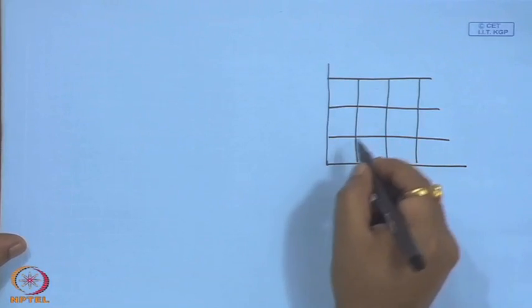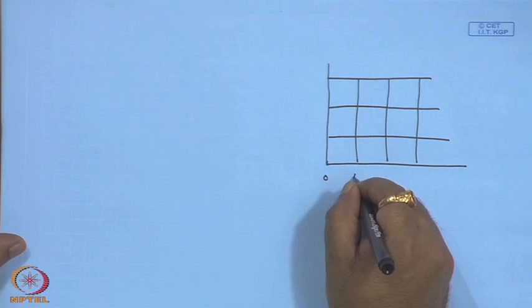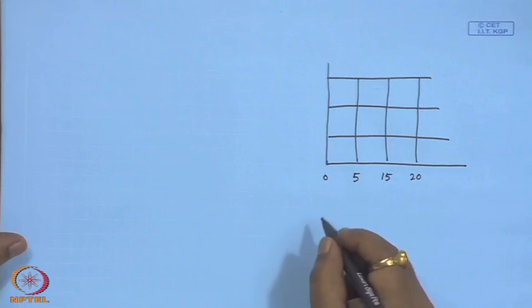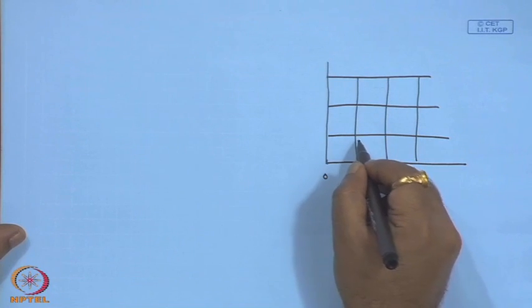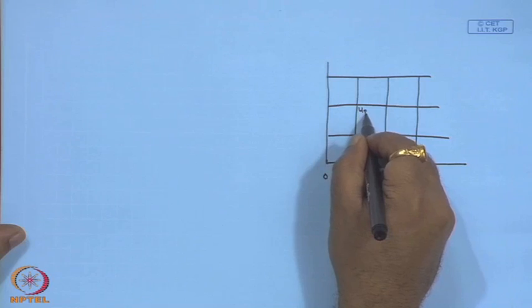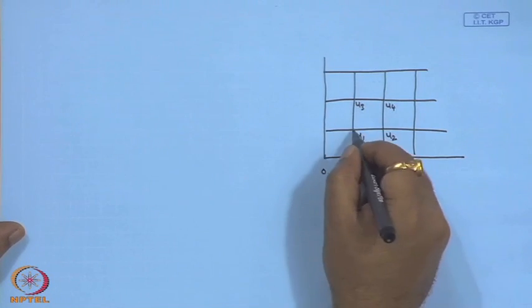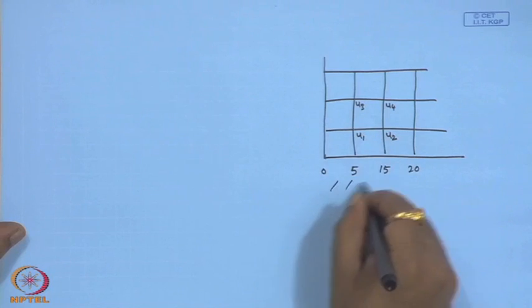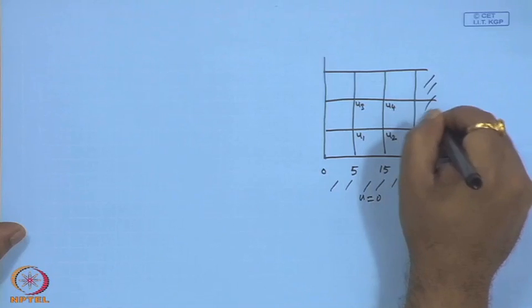So, in this case 0, 5, 15, 20, right. So, now this is u 1, u 2, u 3, u 4. Okay. So, now the boundary here u equals to 0.